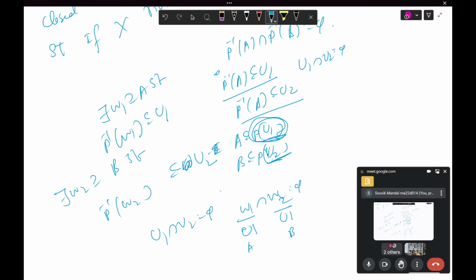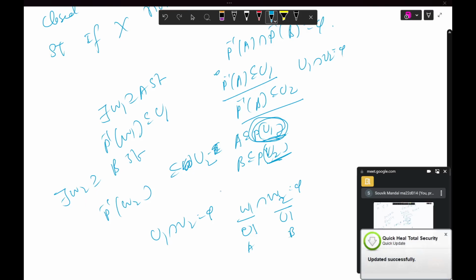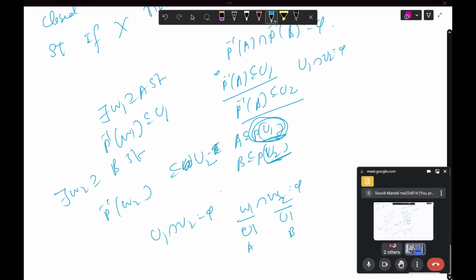So if I consider the map p inverse, since p is surjective... One second. First of all, p inverse as a map does not make sense because p is not an injective map, right? Correct. So in that way, it will not work.